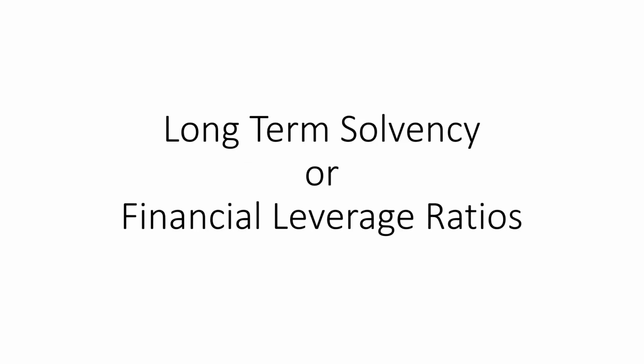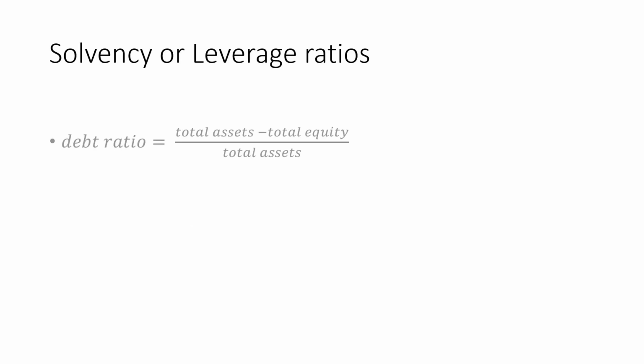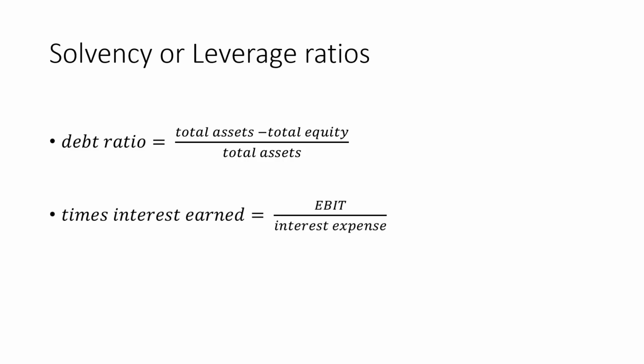Now we talk about financial leverage ratios or the long-term solvency ratios. These are also very important. First ratio is debt ratio. It is total assets minus total equity, which is basically both a sum of short-term and long-term liabilities divided by total assets. Then there is times interest earned, which is an income statement item. How much is the earnings before interest and taxes as a ratio of the interest expense? So the larger the earnings before interest and taxes, the more is the ability of a company to service its interest expense.